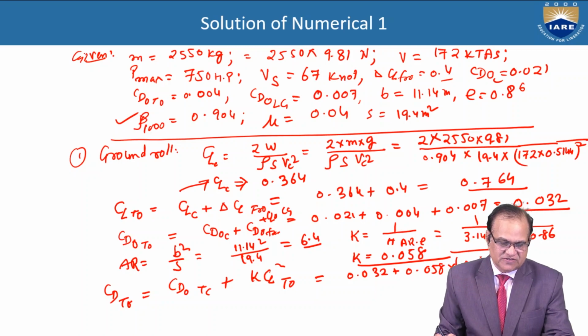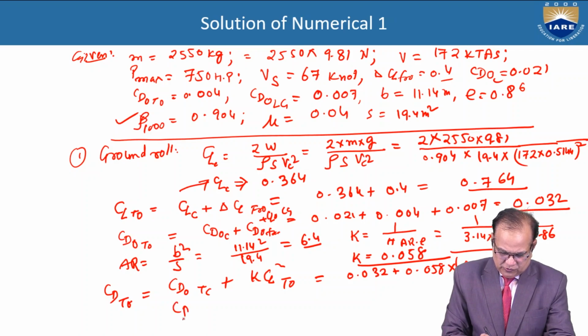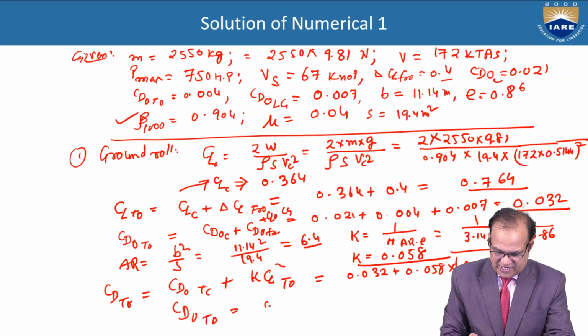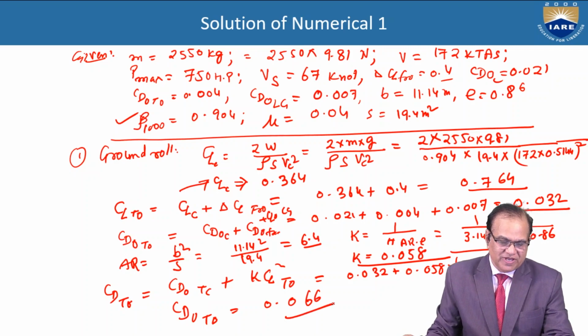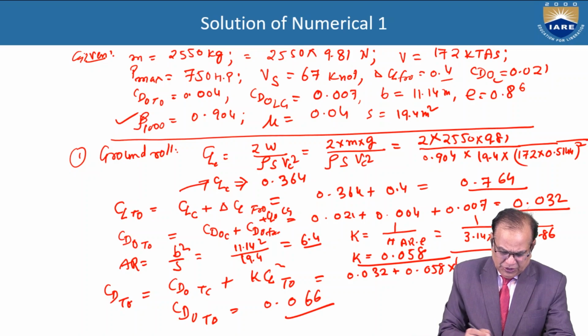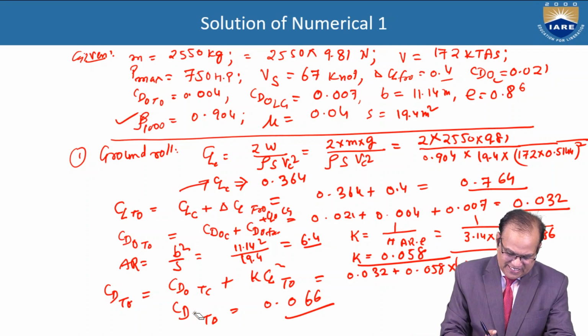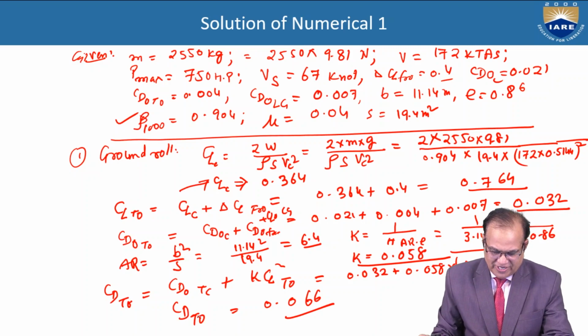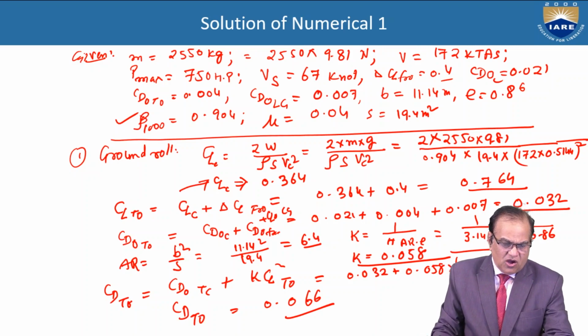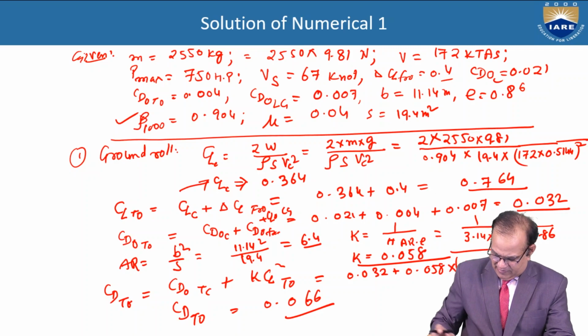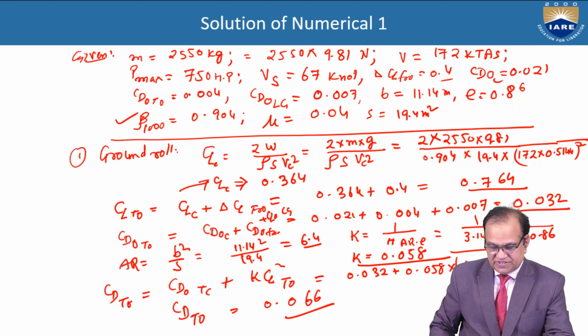If we solve this, we will get CD takeoff equal to 0.066. So this is the total CD, not CD naught, it is the CD takeoff, 0.066.